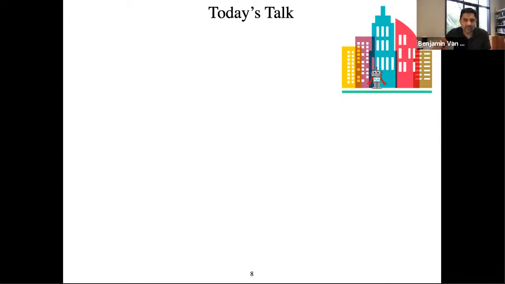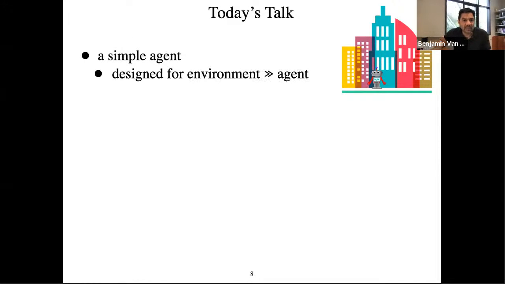All right, and in order to focus the talk and anchor it around something pretty concrete, I'm going to present a particular simple agent that is designed for dealing with environments that are much more complex than it is.